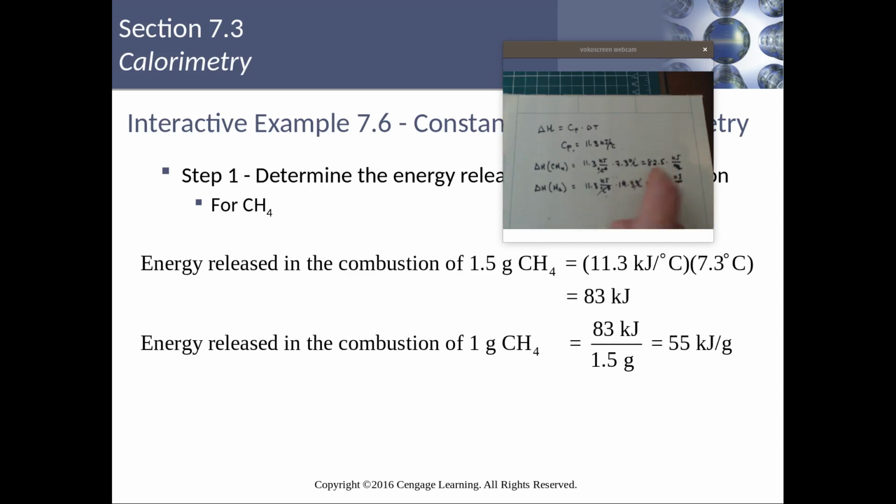So if I want the delta H per gram, I need to take 82.5, or 83, divided by 1.5 grams, and I get 55 kilojoules per gram of the system.